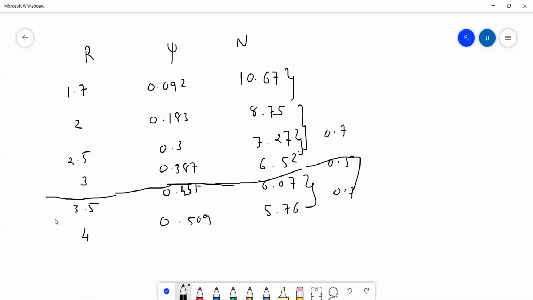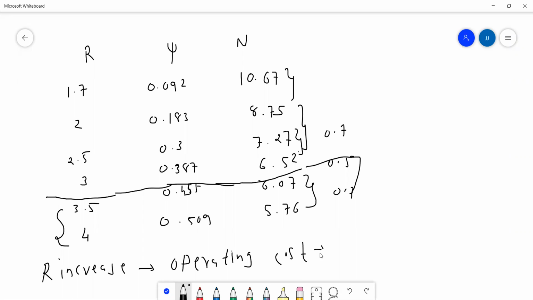That means if you increase the reflux ratio R, then operating cost will increase.